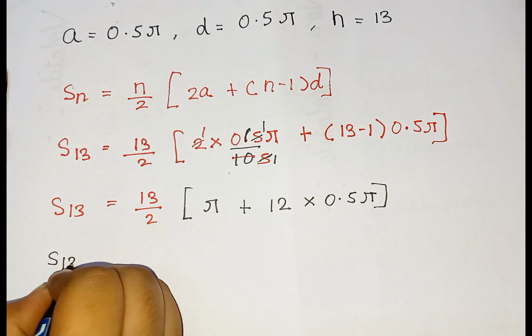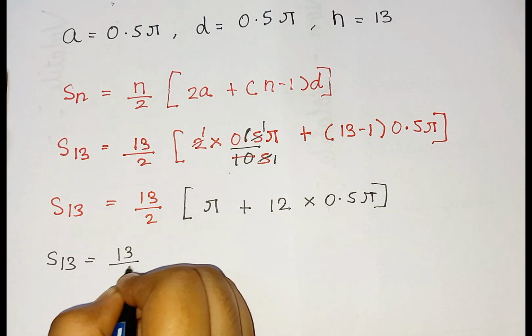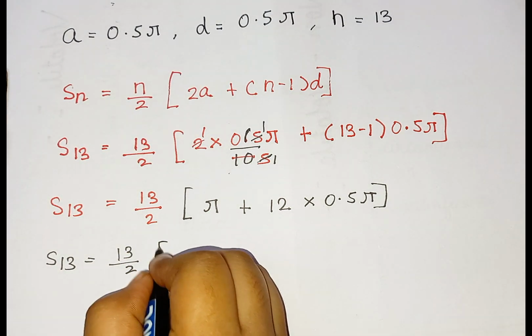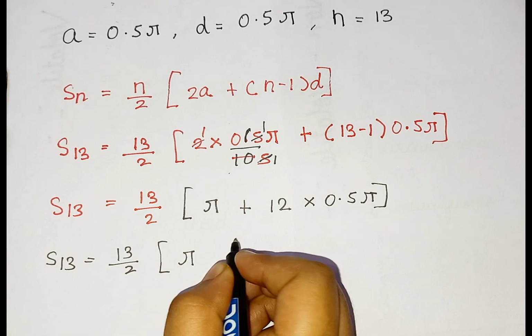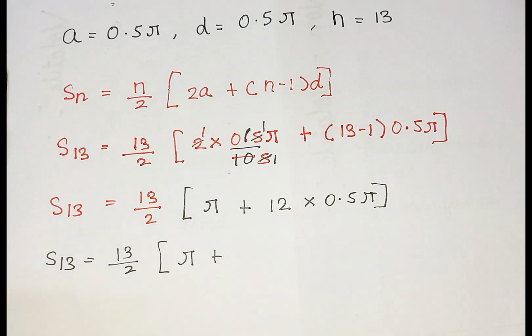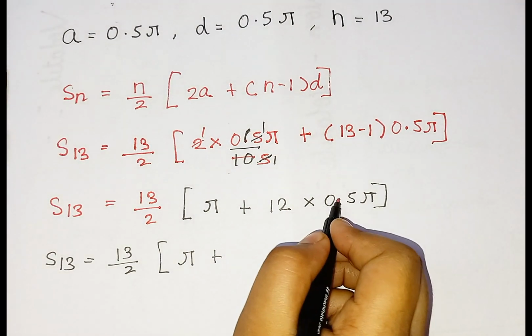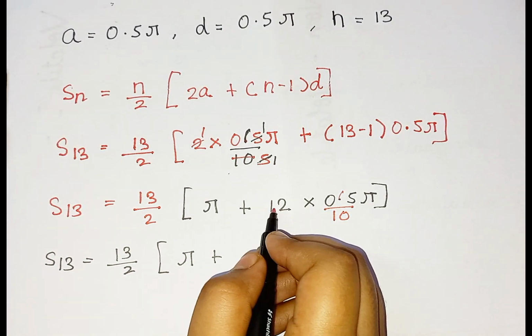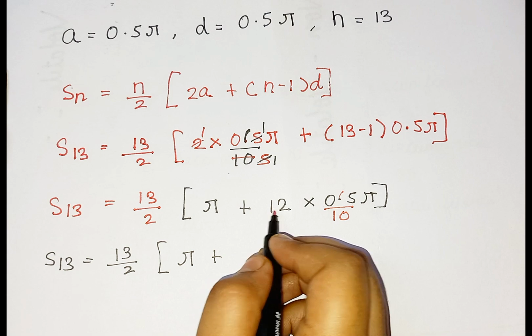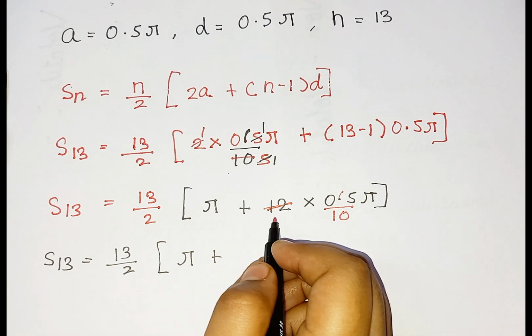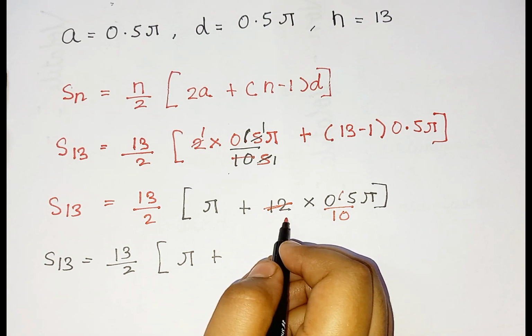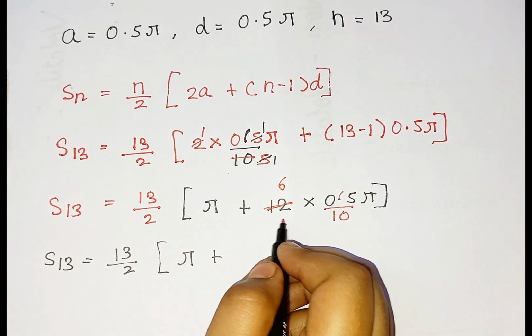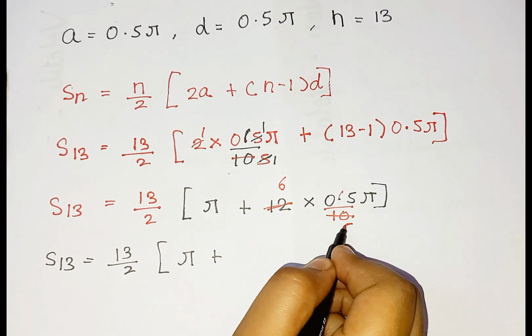So S13 is equal to 13 by 2 and then bracket pi plus, here also I can take off the point. Now it will become 10. Now we can cancel it in the 2 tables, isn't it? Let us do it. 6 2s are 12 and 5 2s are 10.